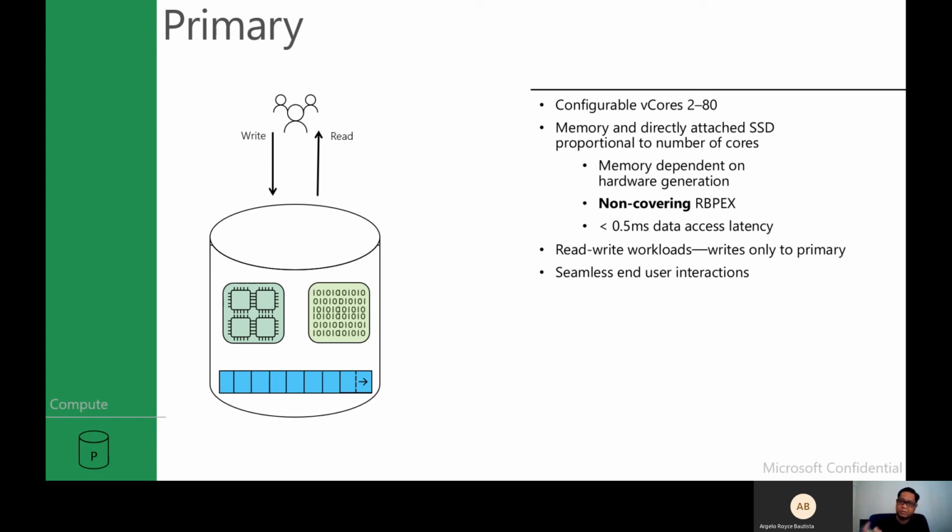It's similar to your buffer cache. Most of your recent transactions and your recent data will be on the RBPX. So if it's on the cache, the data access is less than 0.5 milliseconds. So it's a lot faster. It will service the read-write workloads for your application.